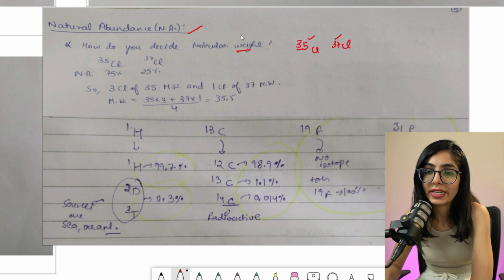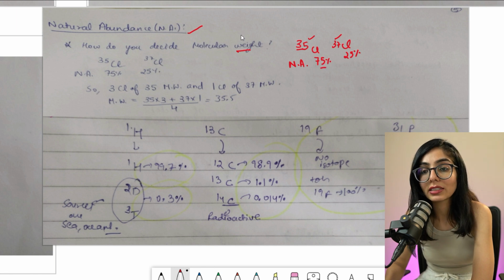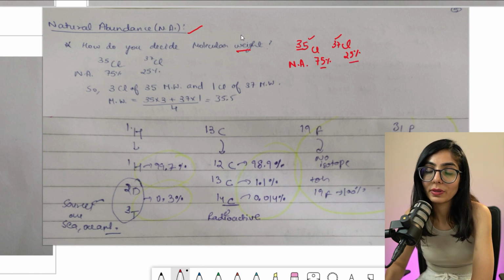So what do we do? We take natural abundance into account. So it is 75% and it is 25%. It will be given, or you will be knowing that 35Cl is 75% abundant on Earth and 37Cl is 25%. So what will happen? We will just find out the molecular weight like this.